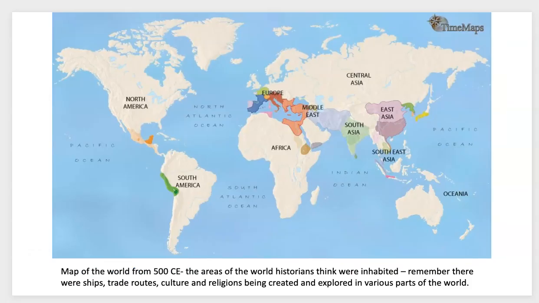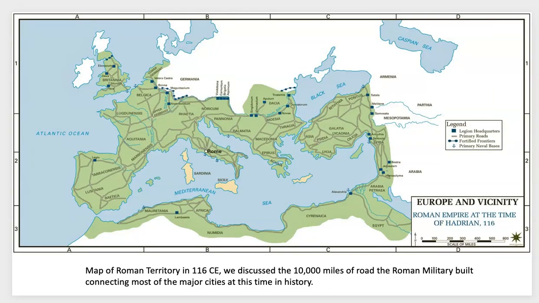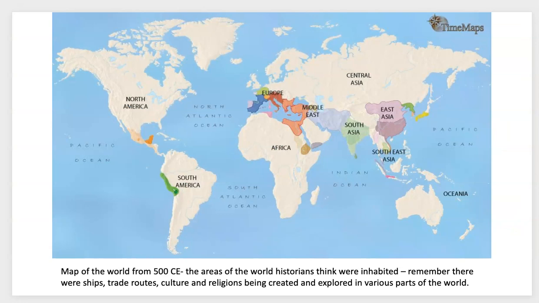So I thought I would go ahead and find a map that kind of gives you a glimpse as to what was going on in around 500 CE, the areas of the world that historians think were inhabited. Remember that there are all different trade routes. There's ships navigating these different trade routes being explored.